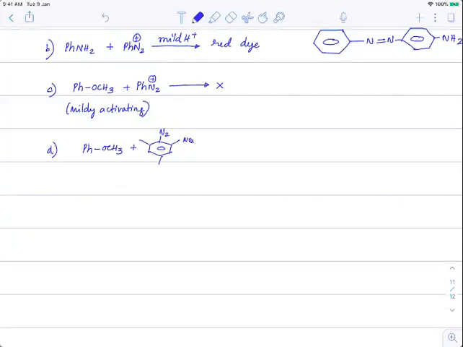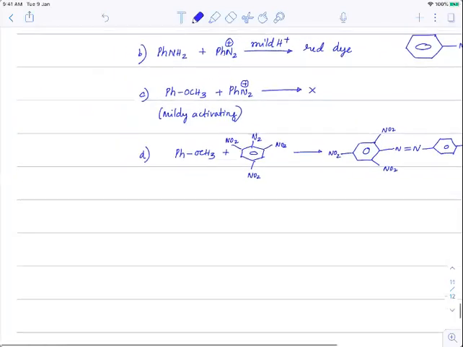So if I put a lot of nitro groups here, then the reaction will take place. Because nitro groups are strongly withdrawing, its electrophilicity will increase. So I'll have N double bond N, then we have phenyl with OCH3. This is what is formed. Okay. So I hope that part is clear.